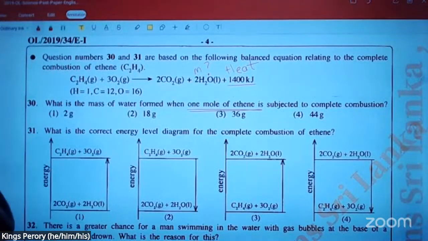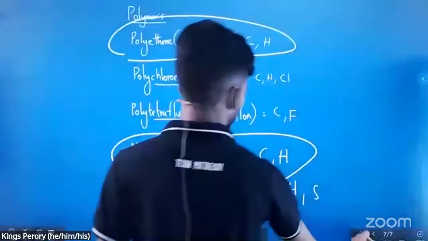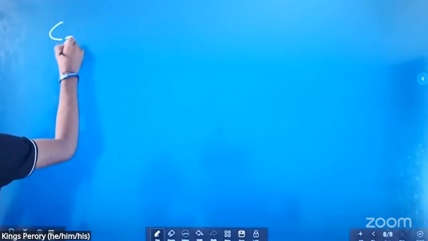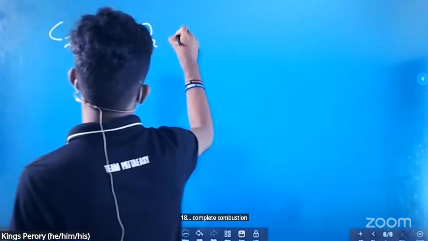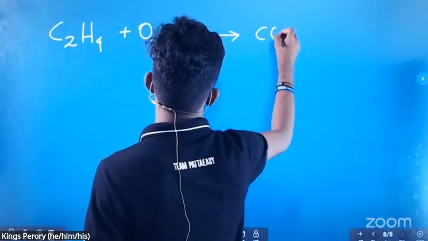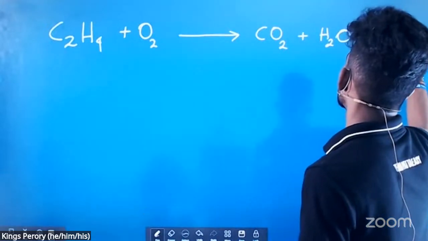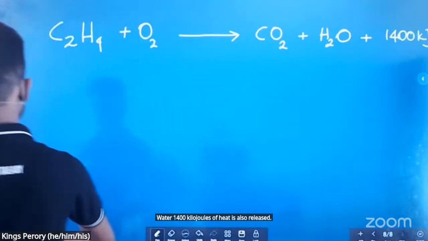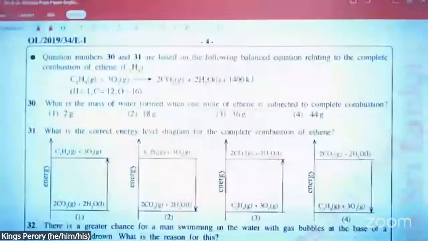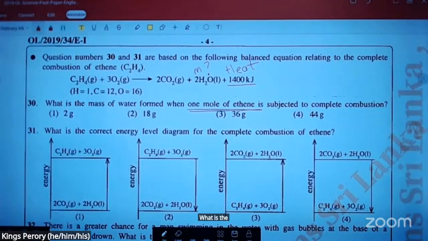Meanwhile, write the reaction. Ethene, complete combustion, is forming carbon dioxide and water, and 1400 kilojoules of heat is also released. What is the mass of water formed when 1 mole of ethene is subjected to complete combustion?